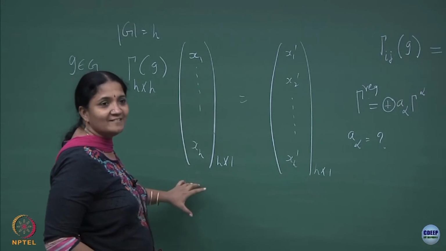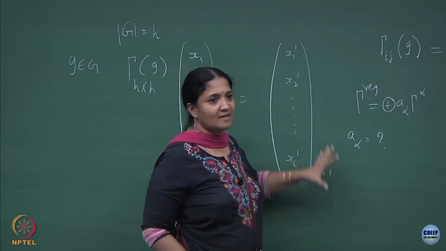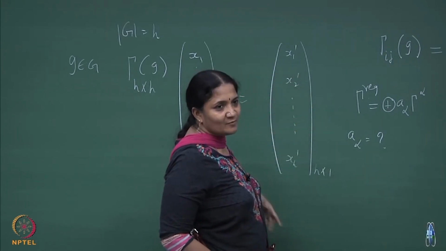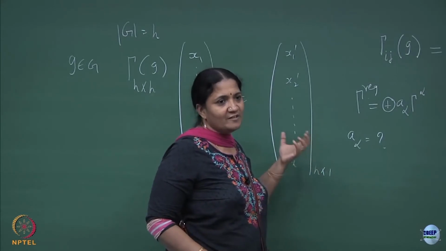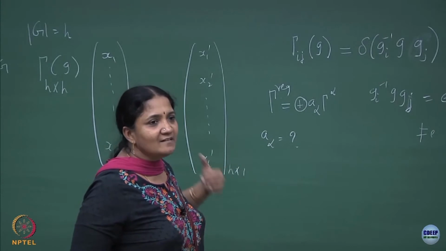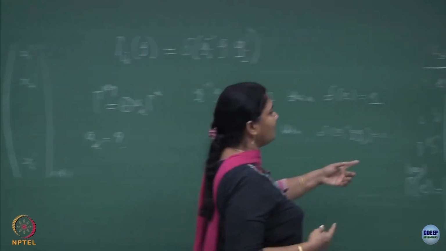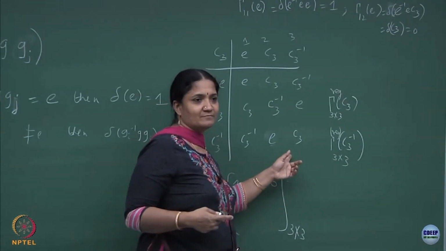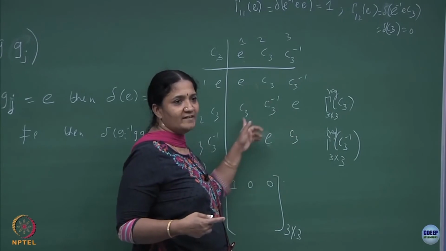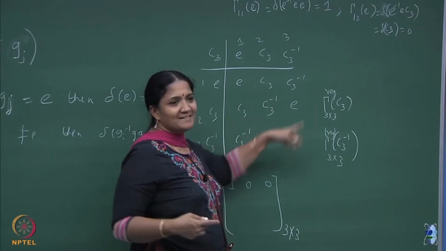But the elements which I am writing here, you could also rewrite as G1, G2, up to Gh. There will be some permutations which will happen. Let us say G1 becomes G2. Depending on the element, the identity element does nothing, and the other elements do some kind of permutation, and that is exactly what is happening in your multiplication table. If you operate on C3, the identity element becomes C3, then C3 becomes C3 squared and so on.